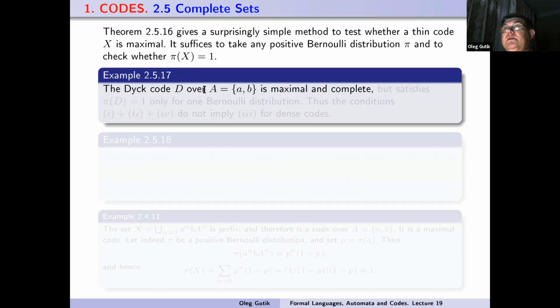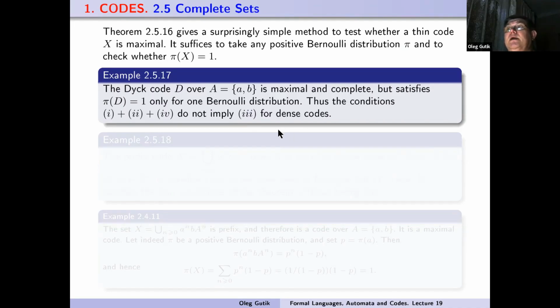Example: the code D over the alphabet A, which consists of 2 elements a, b, is maximal and complete, but satisfies π of D equal to 1 only for one Bernoulli distribution. Thus conditions 1, 2 and 4 do not imply condition 3 for dense codes.